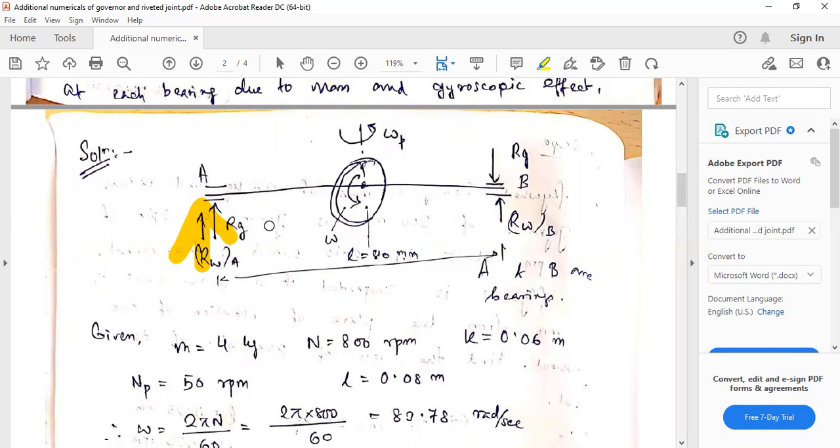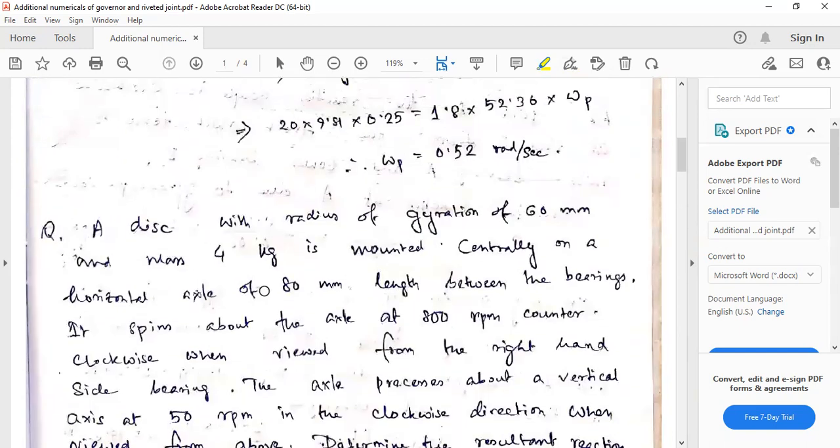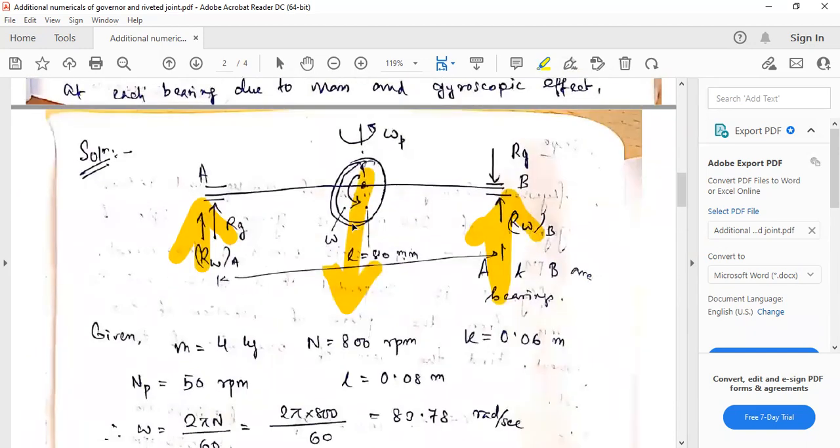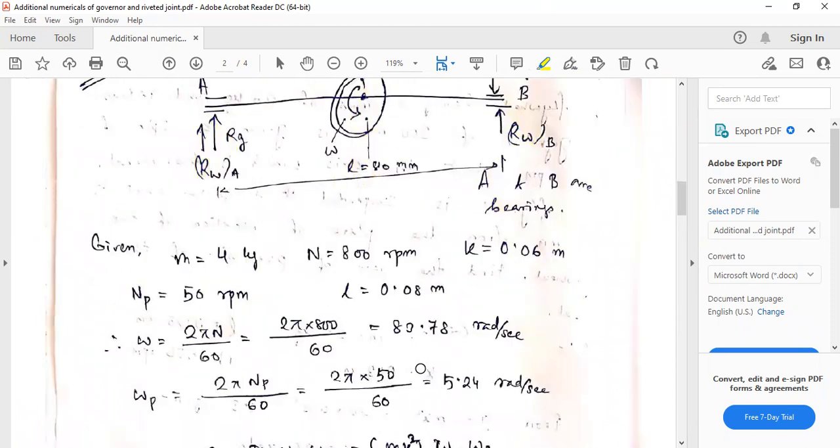So Rw at point A, and here Rw at point B. Both are supports. Now this disc has a weight, mg, because mass is there. So about A, this is going to create a couple like this. We need to find out that type of couple first.